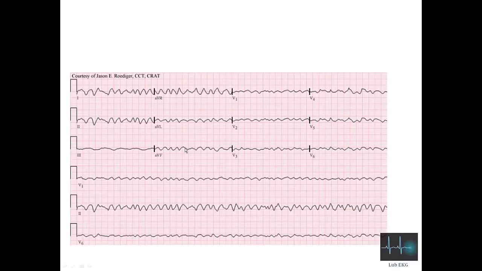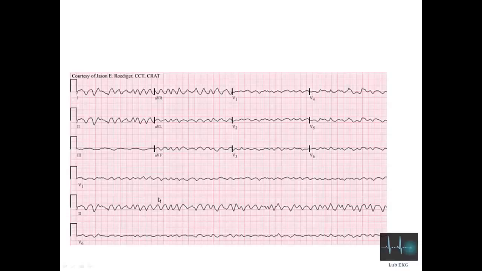Okay, so what about this one? As we can see, applying the golden rule for the QRS complexes, or if we can even call these QRS complexes, the complexes are wide. They are wide, so we know that the signal is originating somewhere in the ventricle.